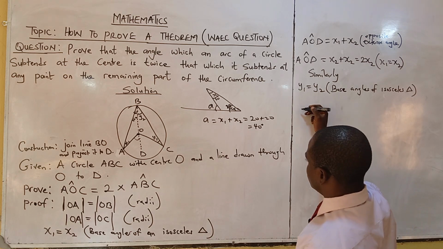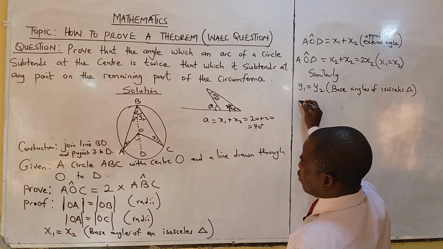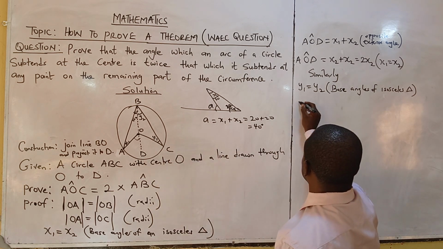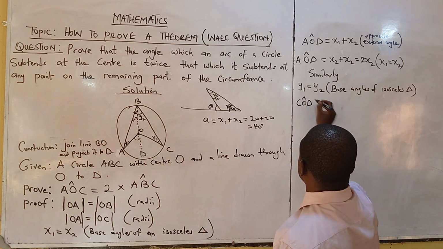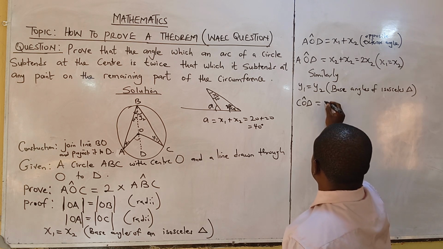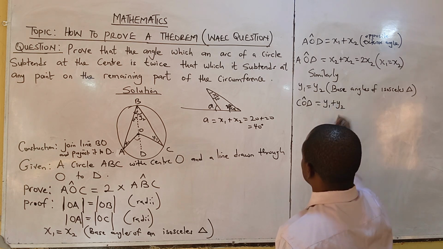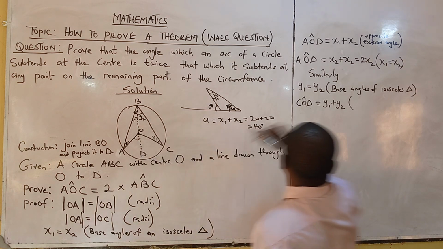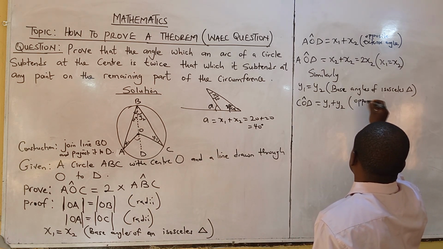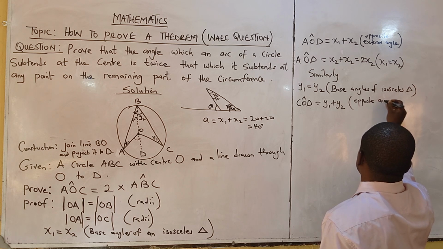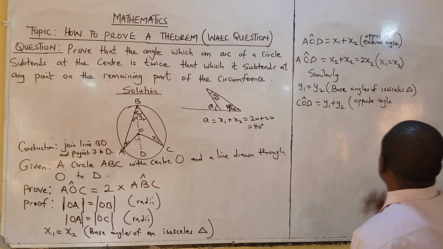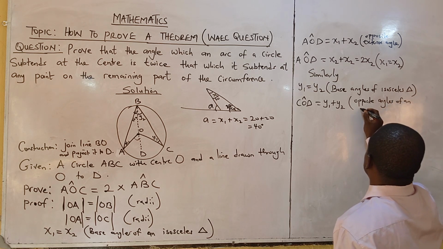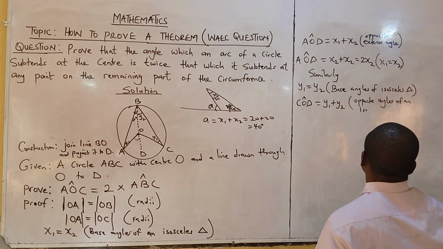Since you have it like that, you now have angle COD equals y1 plus y2, which is the same thing as this other side, which is opposite exterior angle.